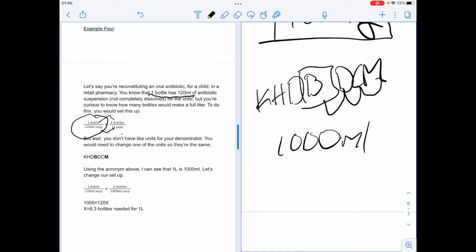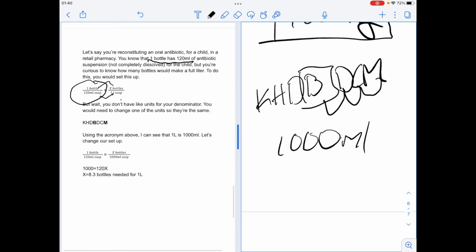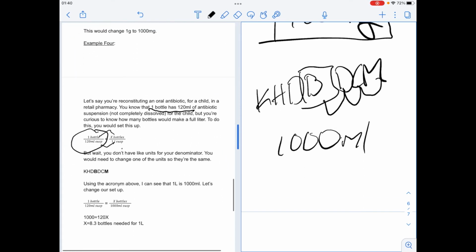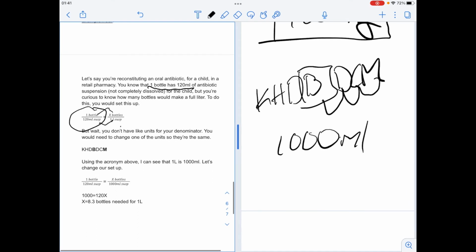So now we can solve. So setting 1 over 120 equal to x over 1,000. Cross multiplying. And we get that 8.3 bottles are needed to make 1 liter.